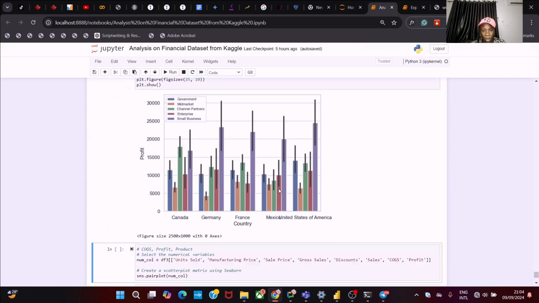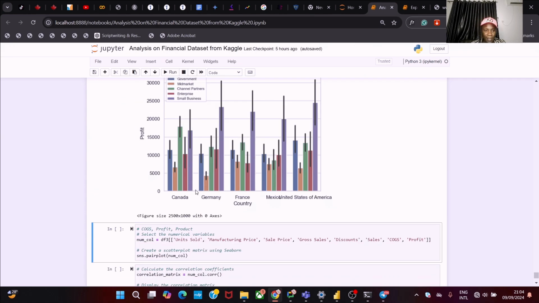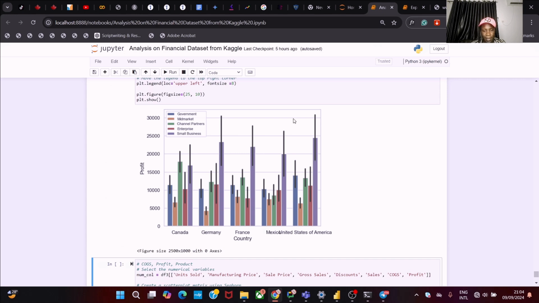Now when we go below here, we can get more insight into why and how small business is the most profitable segment across most countries. For Canada, the most profitable segment is channel partners and not small businesses.